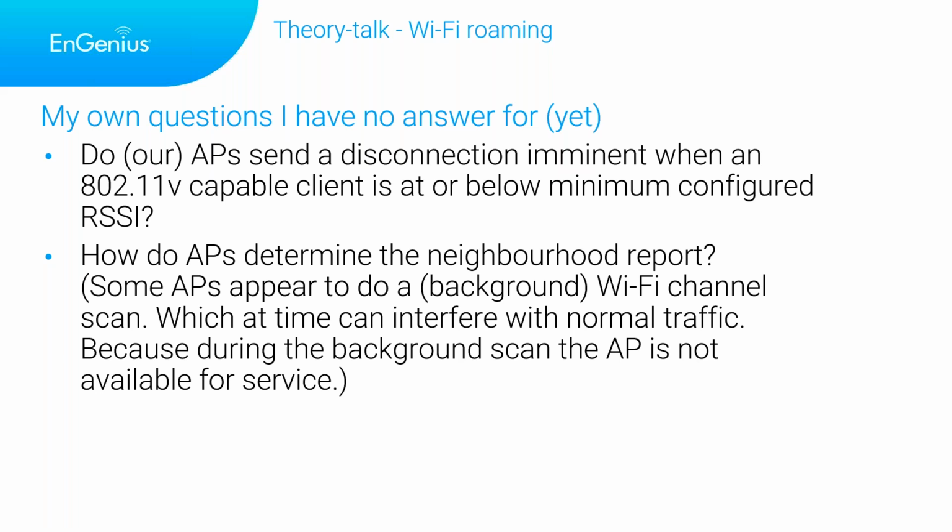But at the same time, if the AP is checking out other channels, at that moment it will not be available for the normal service on its own channel. So that's a little bit of a downside for that.